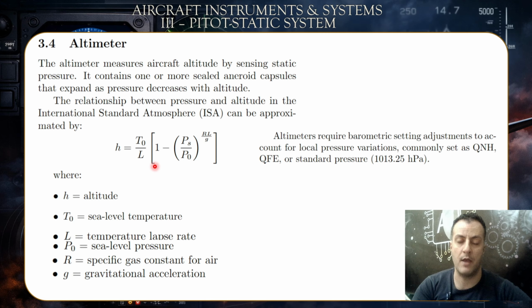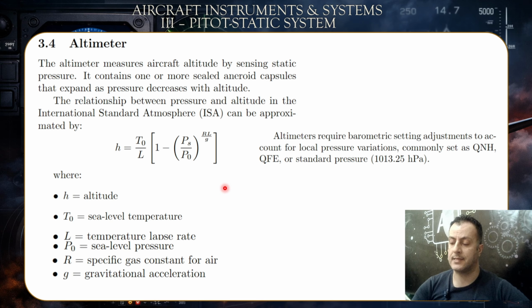So let's say you have a change of 0.005 degrees Celsius per kilometer, or degree Kelvin per kilometer. I'm not sure about the international system unit being used here. That would be the lapse. So it would be 0.005 and you place it within this equation, multiplied by 1 minus PS over P0.